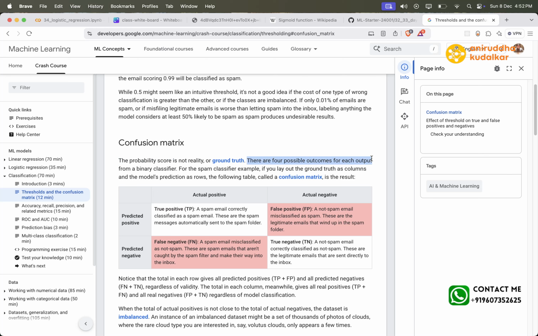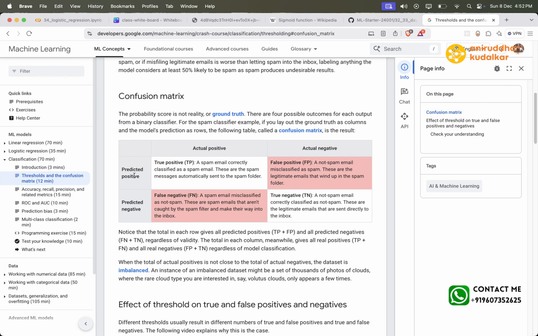There are four possible outcomes for each output from a binary classifier. For the spam classifier example, if you lay out the ground truth as columns and the model's predictions as the rows, the following table is called the confusion matrix.